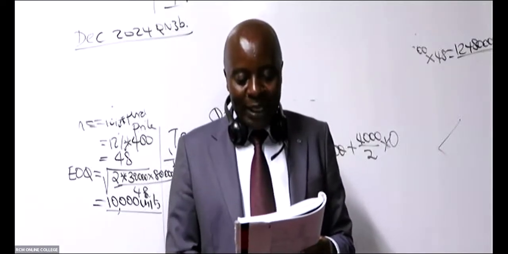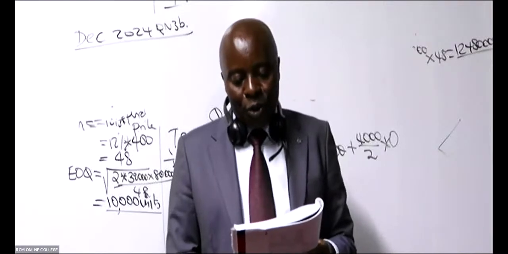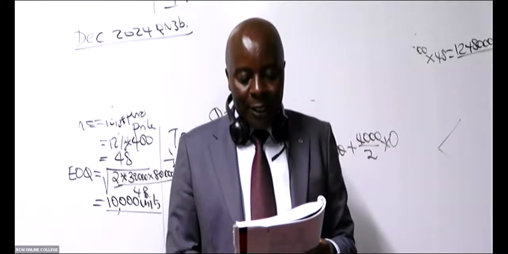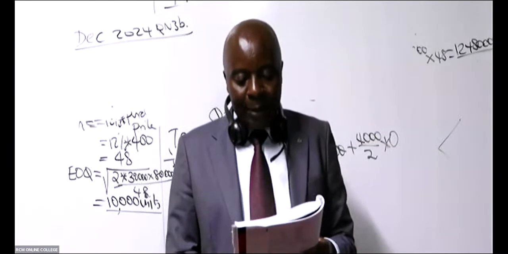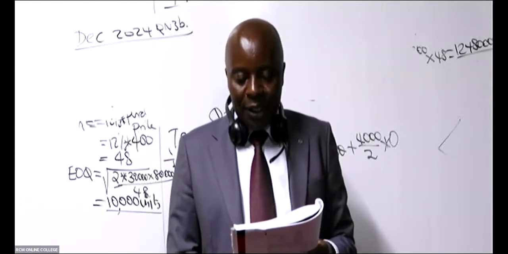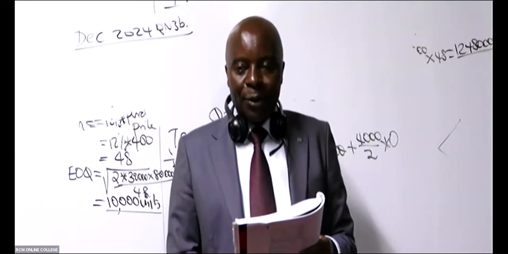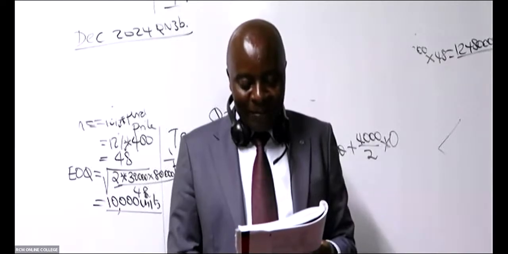I can see obsolescence 3, perpetual audit 1.5, opportunity cost 2, insurance 1, storage 0.5. Can somebody in this case here add up all those costs for me? 3% plus 1.5% plus 2% plus 1% plus 0.5%. What are we able to get there, my good students?